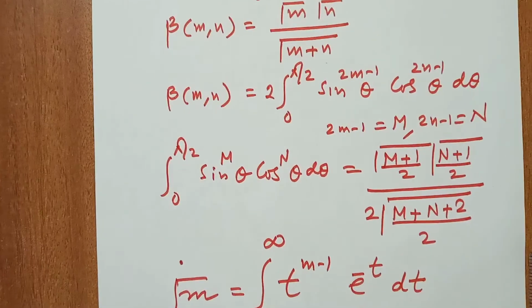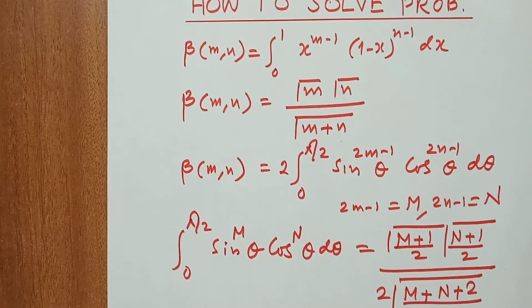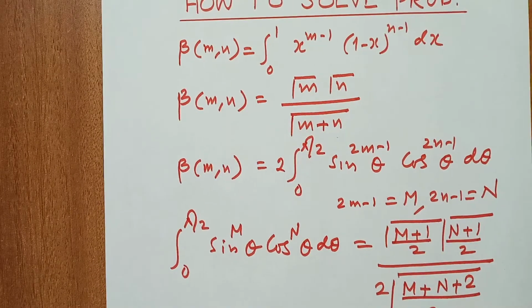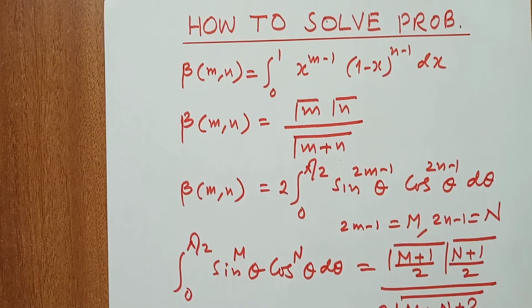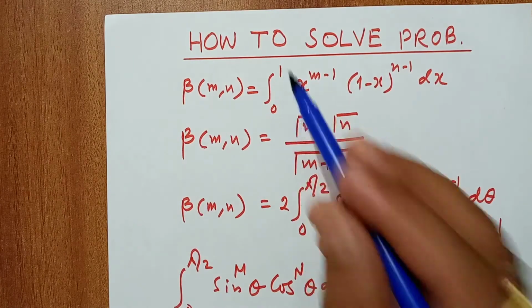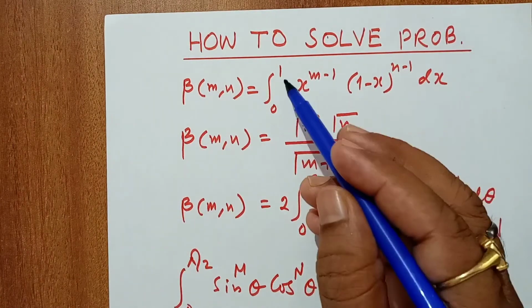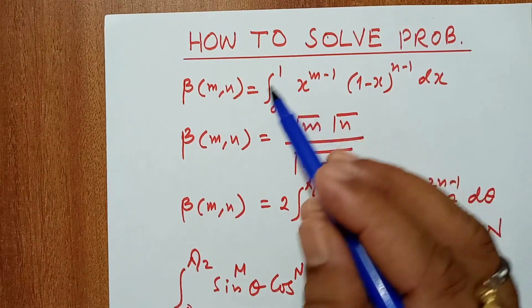First of all, you see the question, and in the case of integration you see the limit. There are only two types of questions. One is where the limit is finite. When the limit is finite, meaning 0 to 1, you concentrate on the beta function.